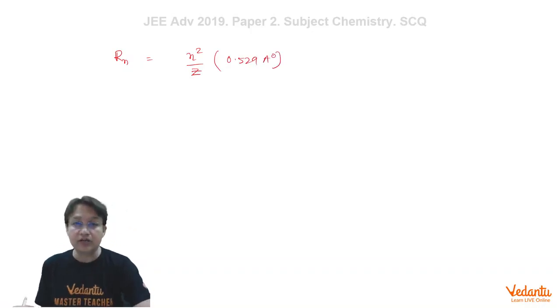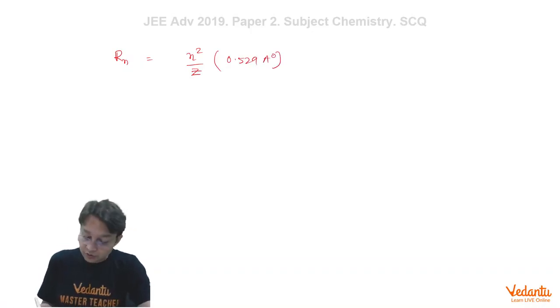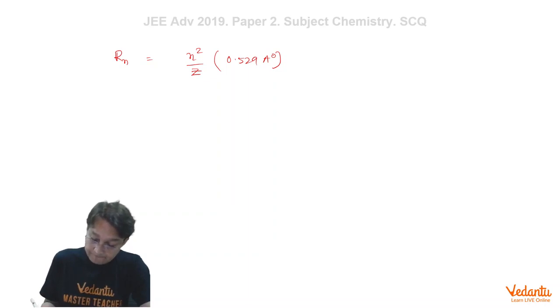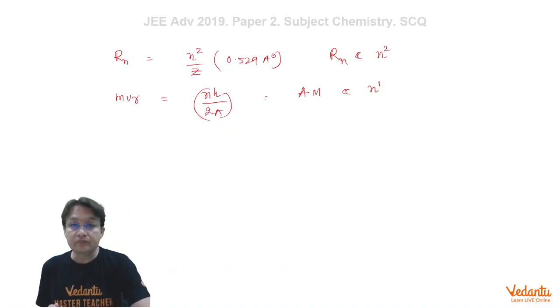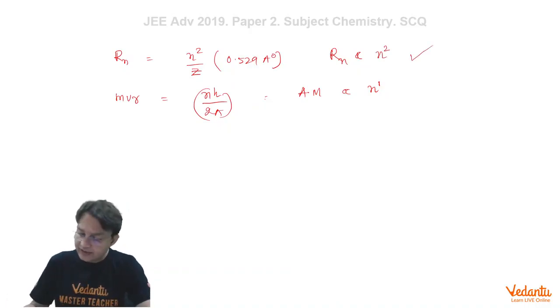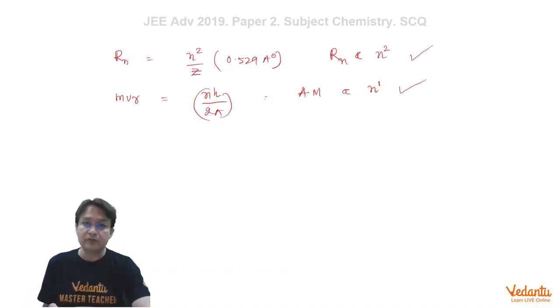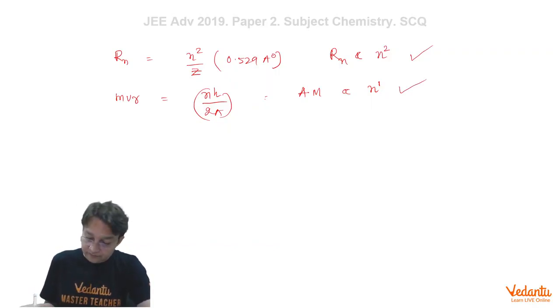This result you mostly remember. Also, you remember that angular momentum mvr is equal to nh upon 2 pi. The fact remains that the angular momentum is proportional to n raised to the power 1 and Rn is proportional to n raised to the power 2. These are pretty straightforward facts. Anyone who is doing the Bohr's model will know this.